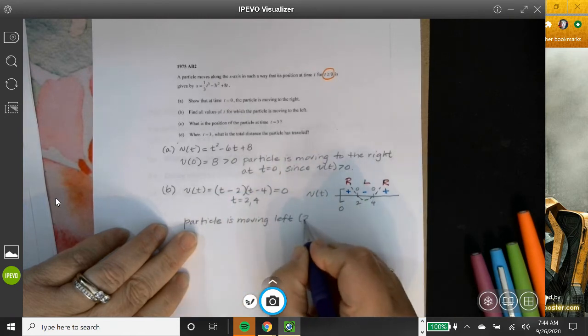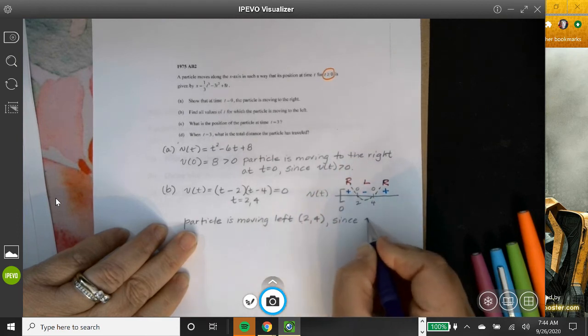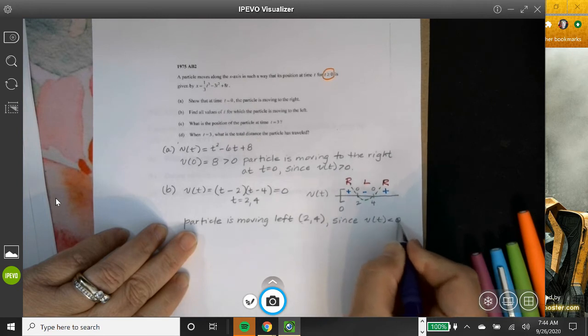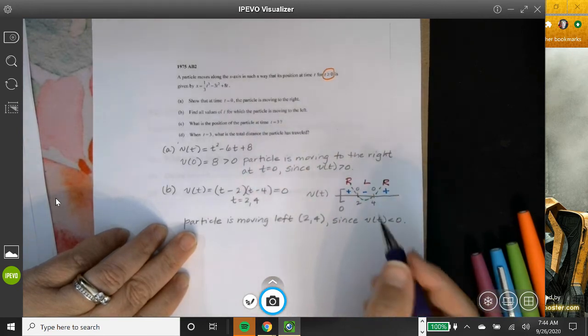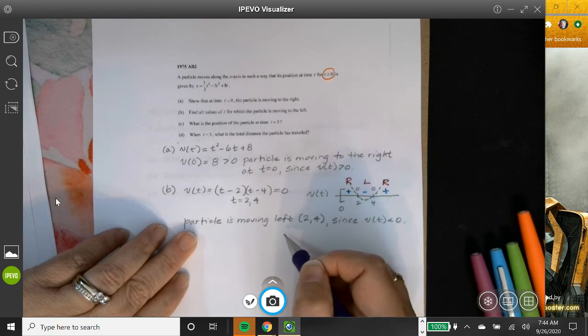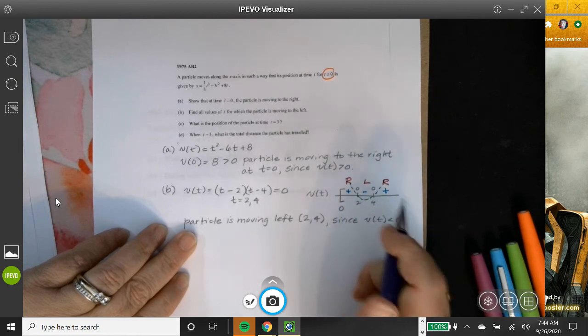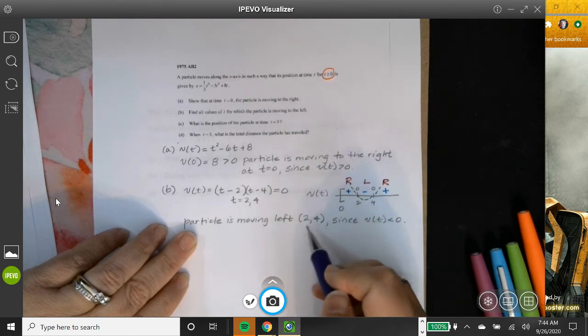That's going to be from 2 to 4, since v of t is less than 0. I am not using closed brackets here because moving left means the velocity is negative, not when the velocity is 0, because then I'm not moving at all. So I'm not making this inclusive here.